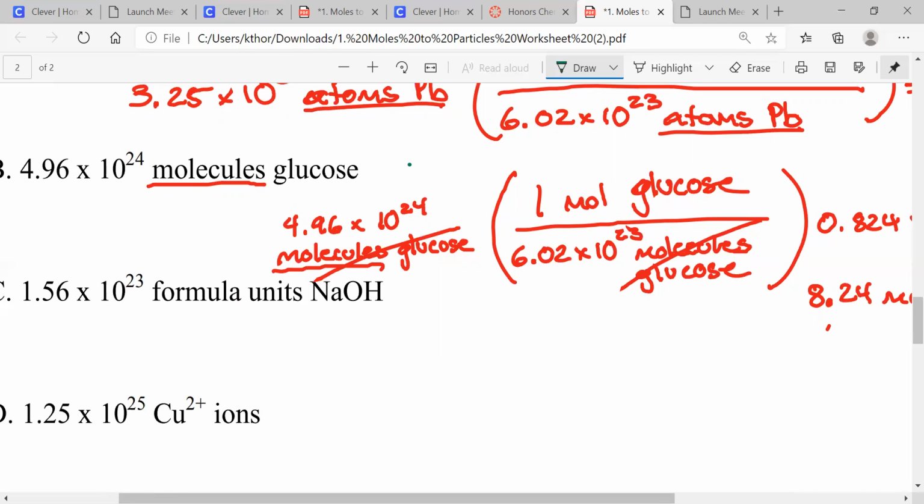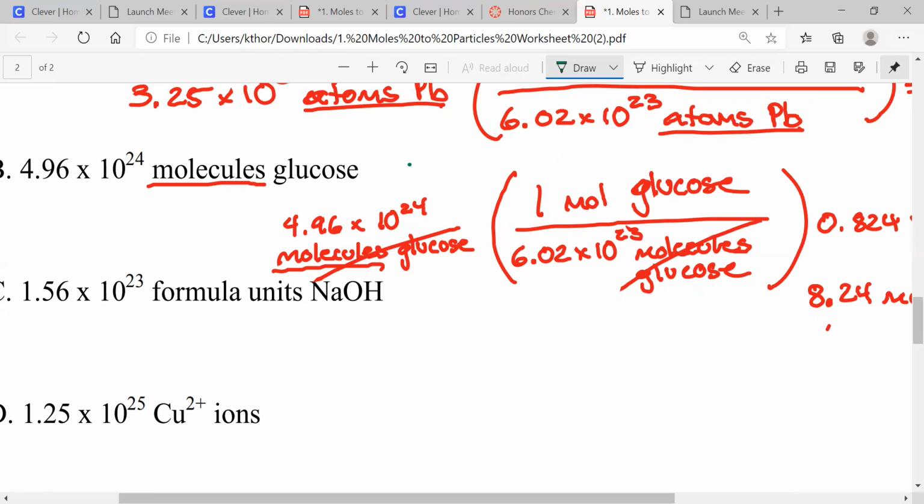And then in your own head, just do 24 minus 23, which would be 10 to the first. And then do all the adjustments by shifting the decimal to where it should be. For multiplying, you add them. This is division because when you're dividing the numbers, you're subtracting the exponents. When you're multiplying the numbers, you're adding them. This is division, so it's subtraction for the exponents.